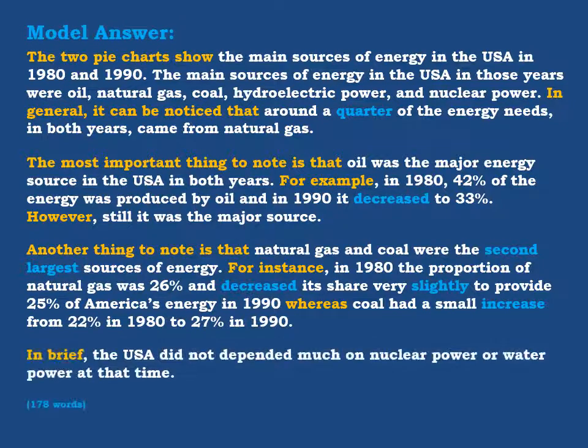Now let's come to the conclusion. Again, the phrase is used here, in brief. The USA did not depend much on nuclear power or water power at that time. See here, he is talking about something in general. He is comparing nuclear power and water power to all sources of energy.